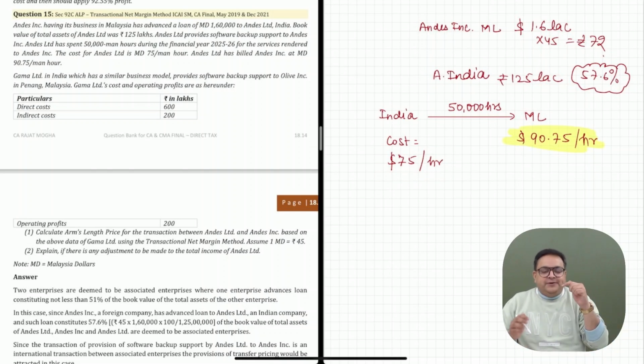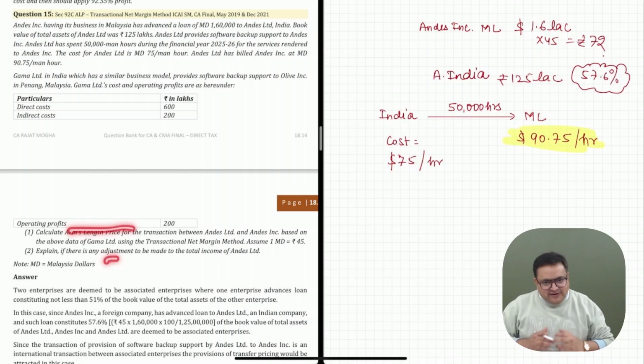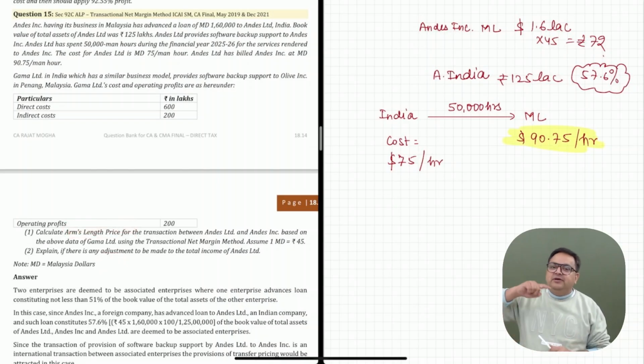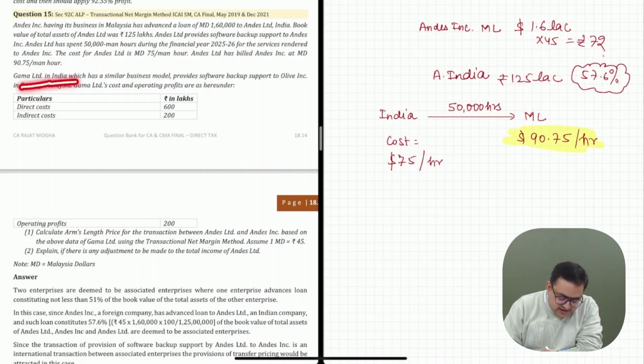Now what I have to see is, obviously, it's the net transaction margin method. They will give you the profit percentages which other companies in similar industries are charging. So let us see Gamma Limited in India.